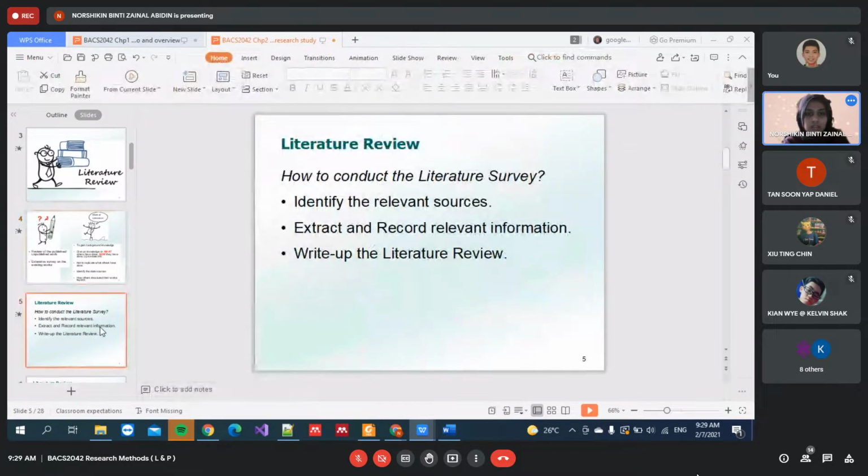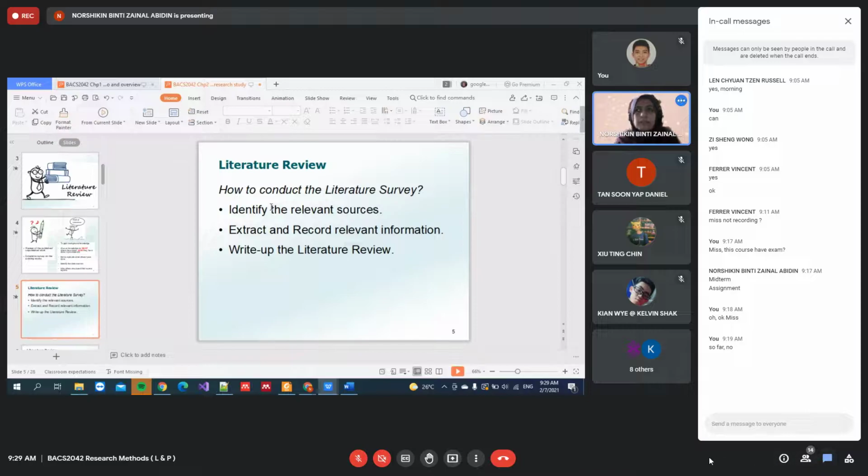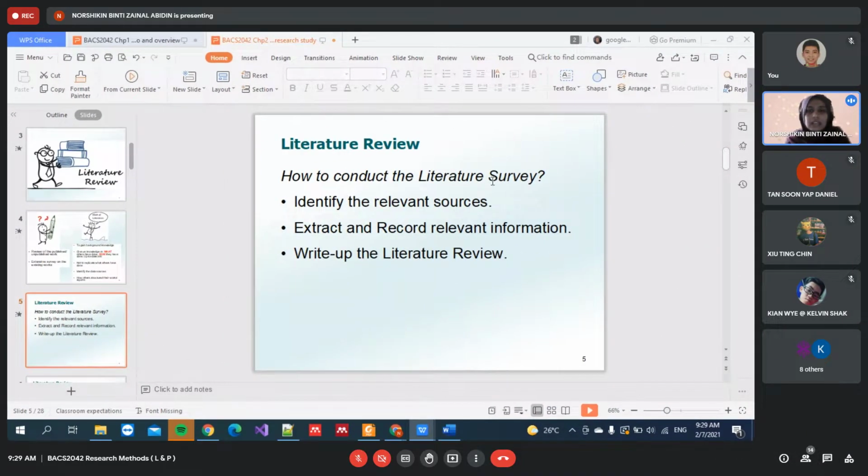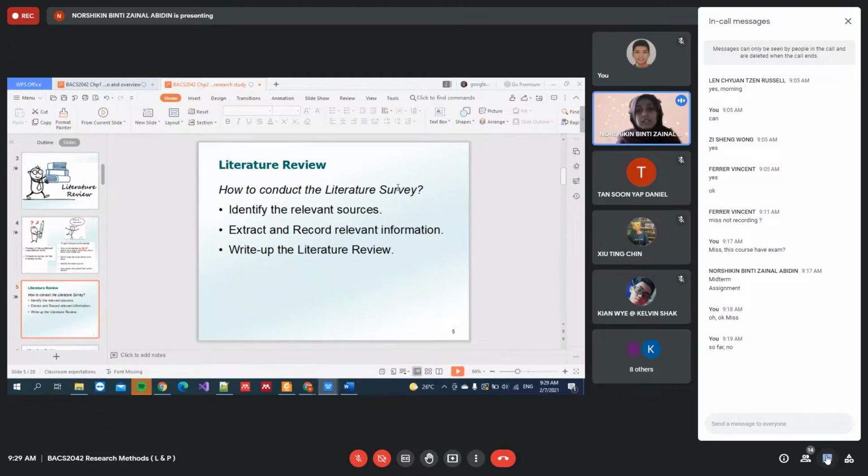Okay. So how to conduct an LR survey? First, by identifying the relevant sources. Relevant sources, like I said, LR is the previous research that is already done.